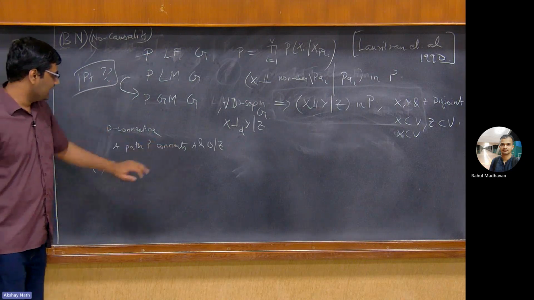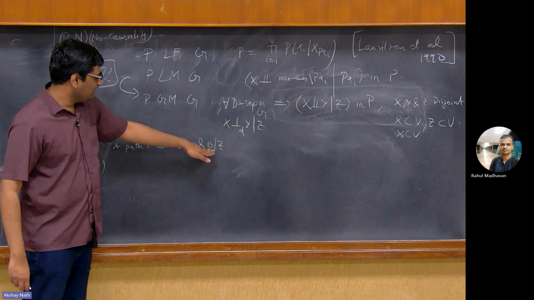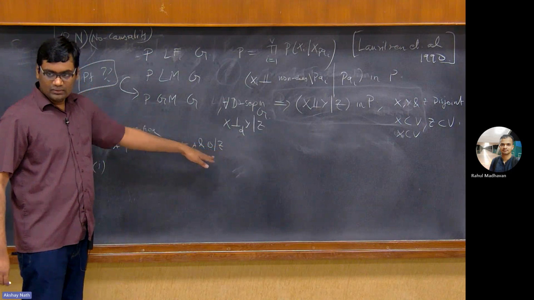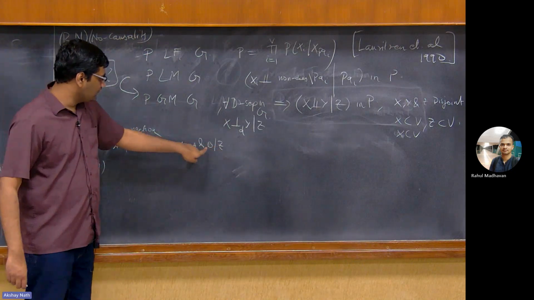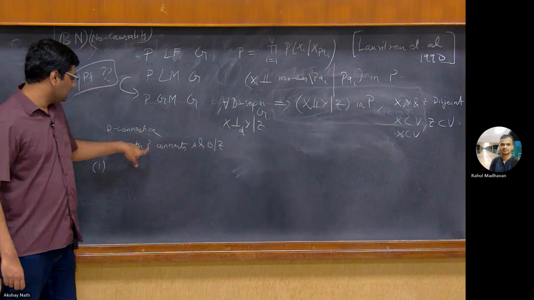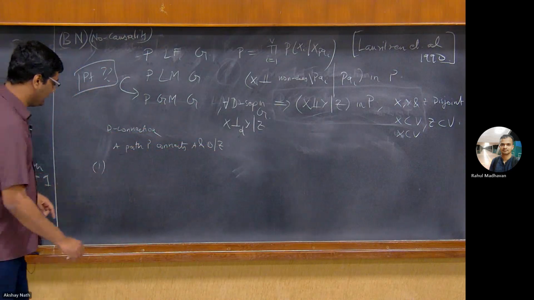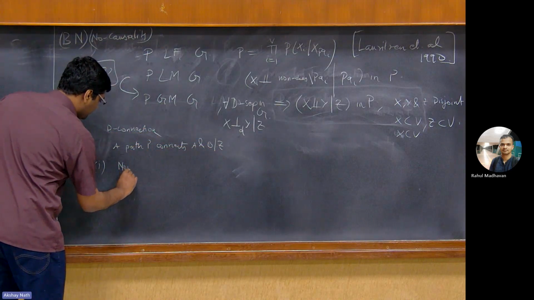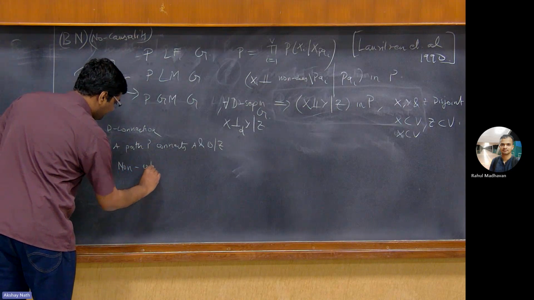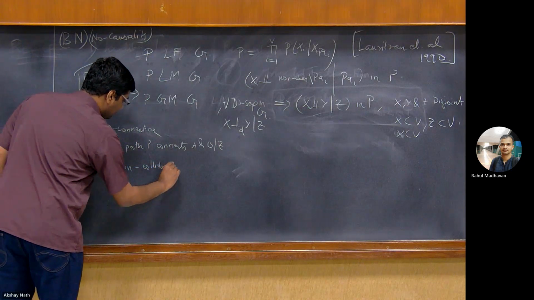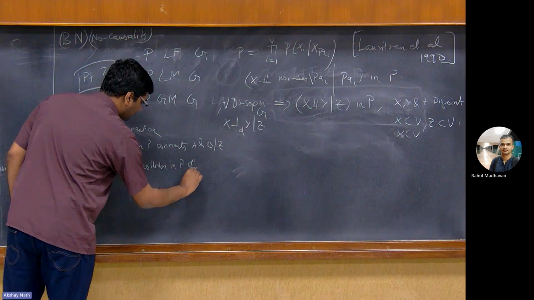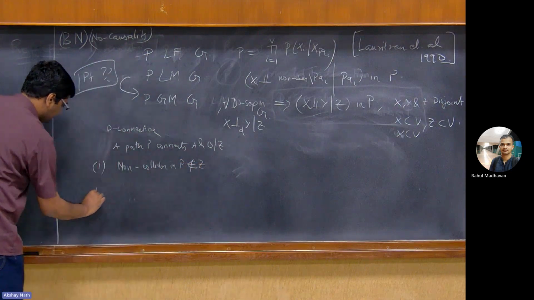So let's look at what is d-connection. The path P connects A and B even given Z, because we want to make sure that no non-collider is in Z. Otherwise, the path cannot connect. So no non-collider in P should belong to Z, the first condition.